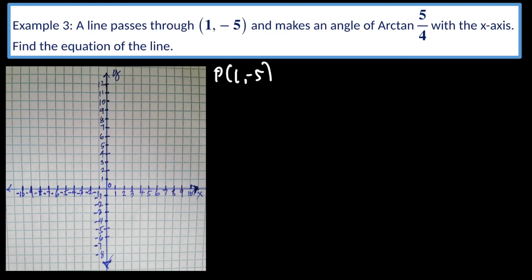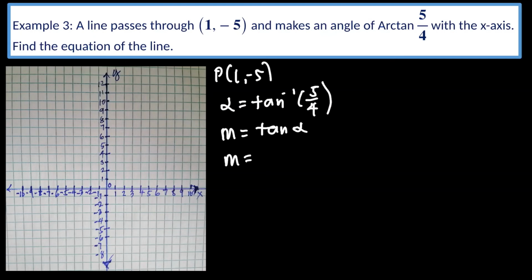And we are given the angle of inclination, alpha, which is arctangent 5/4. Now recall that the slope is equal to the tangent of the angle of inclination.